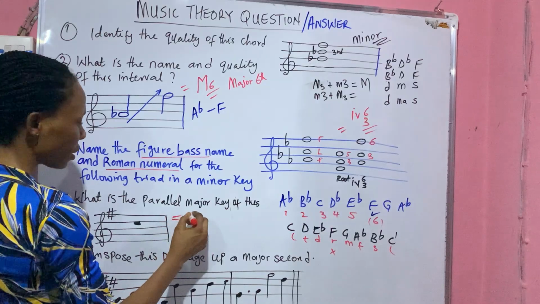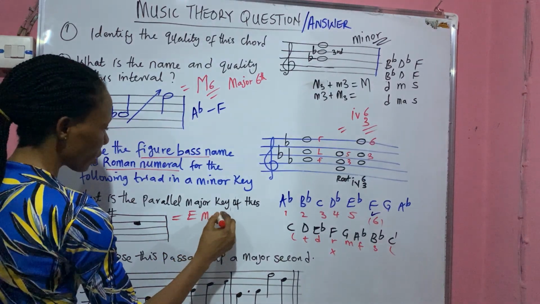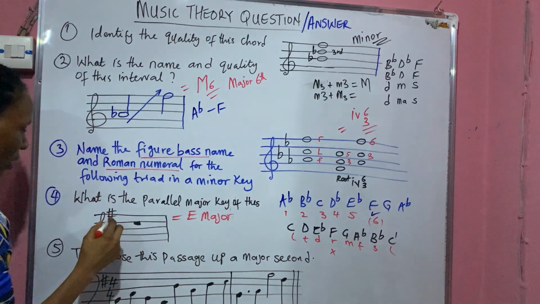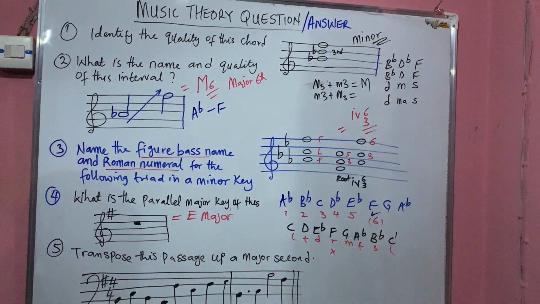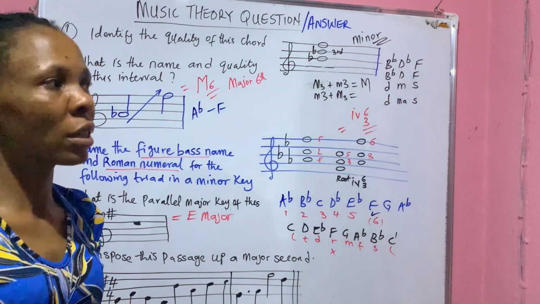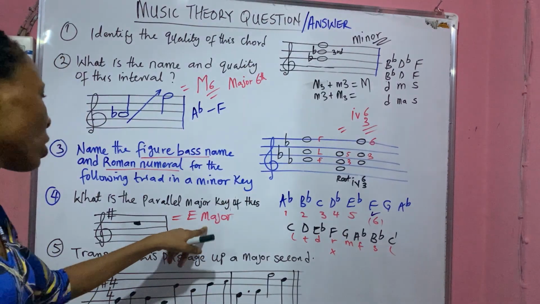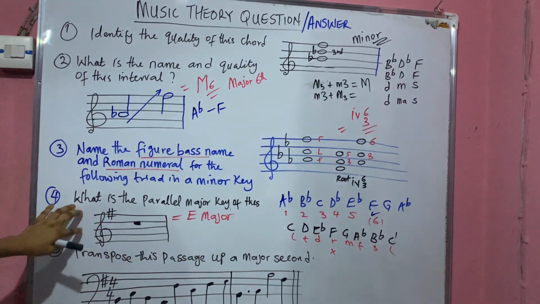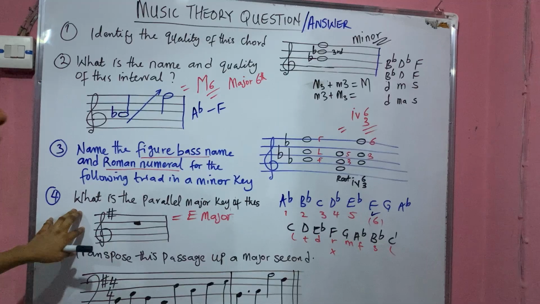So the answer to this now will be E major, because this key here is E minor. To get a parallel major, same tonic name, different key signature, it is E major, because E major will not have this key signature again.